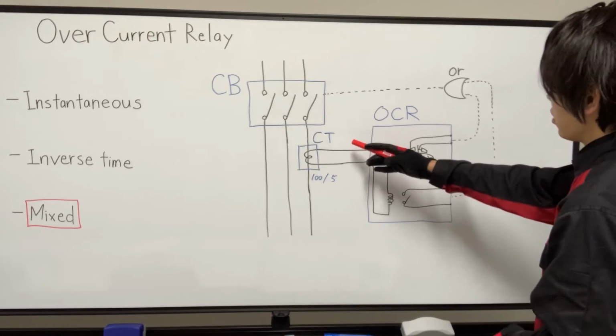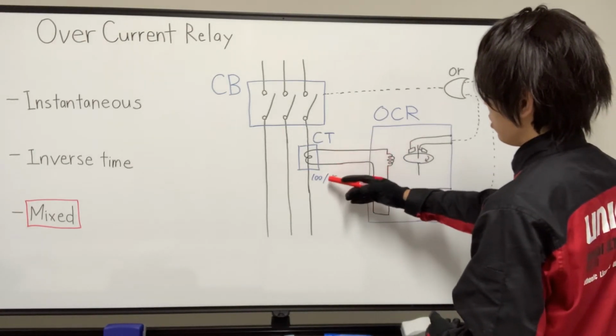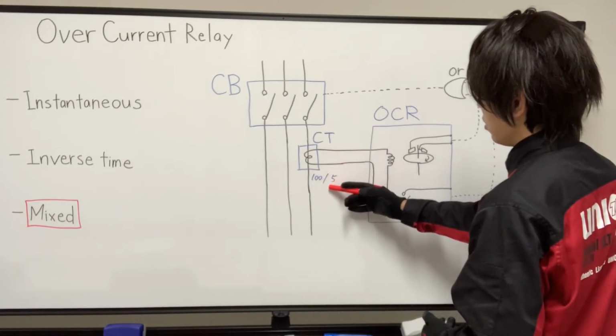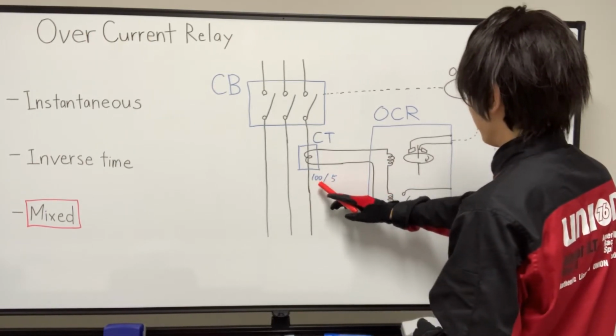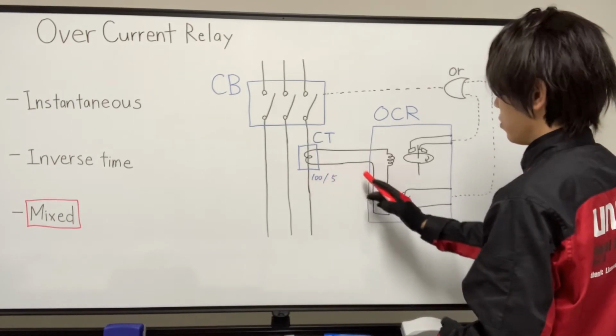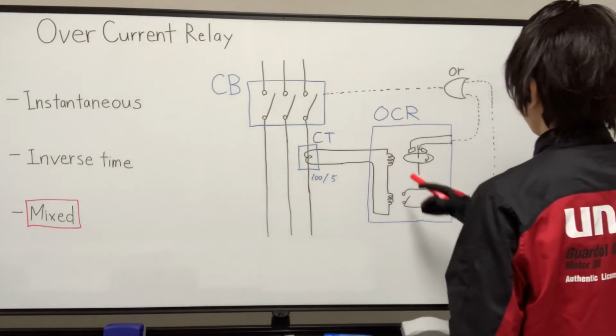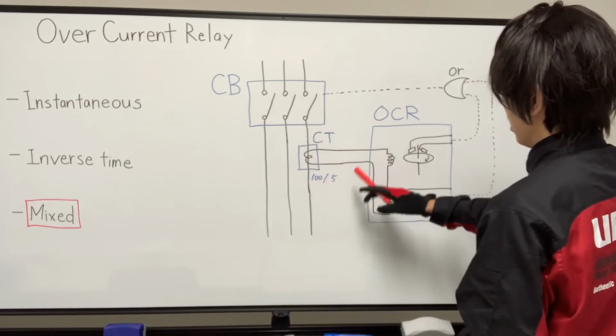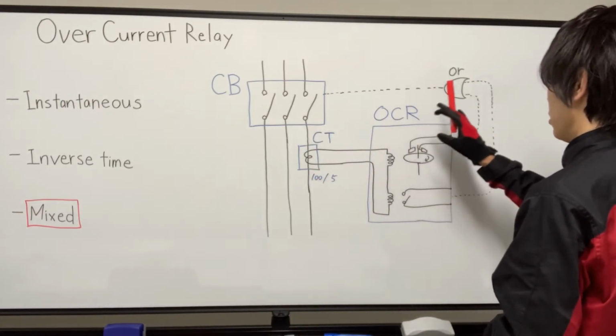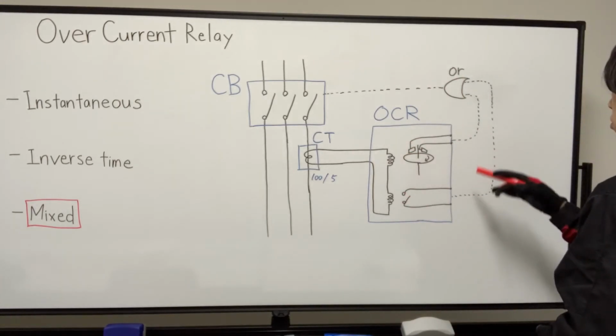And the CT, current transformer, has a transform ratio. In this case, the primary side and secondary side is 100 versus 5. And the primary side is the power circuit for the load, and the secondary side is the control circuit for the overcurrent relay.